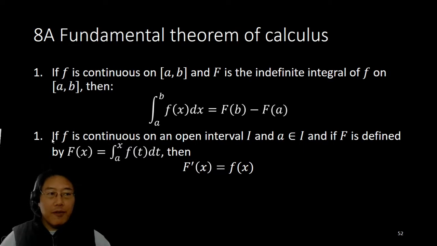We can also define that integral, even if we know the boundaries, we can add an additional parameter. So here we're going to define f as continuous on an open interval. a is a value of that interval, and capital F of x will be defined. So we're looking at defining that integral, so we call it capital F of x, and that variable is going to be that upper limit of the integral starting from a.